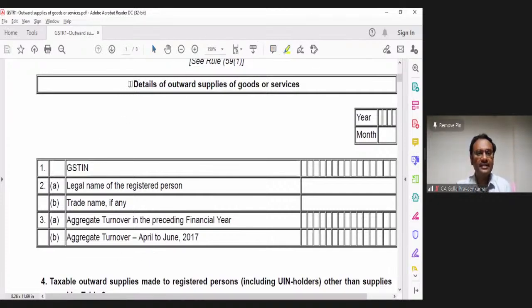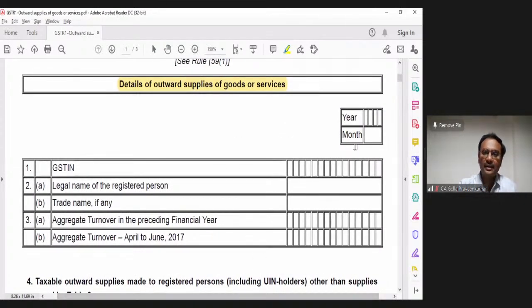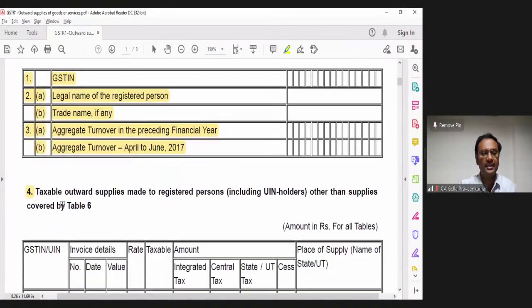My GSTR 1 says, what are the details of outward supply of goods or services? I'm going to say what are the goods, what are the services which are supplied, and the month for which this return is being filed. Auto-populated are my GST number, legal name, trade name, aggregate turnover. All this information is auto-populated. Nothing to worry about in this particular information.